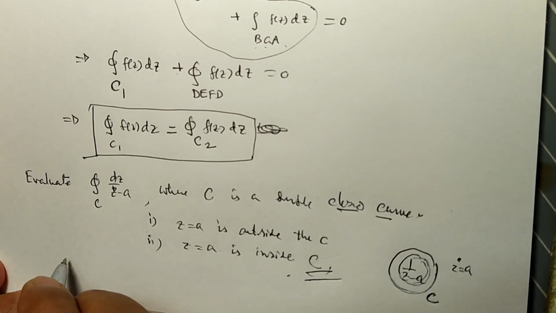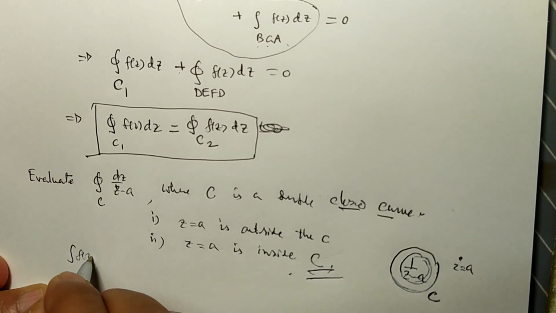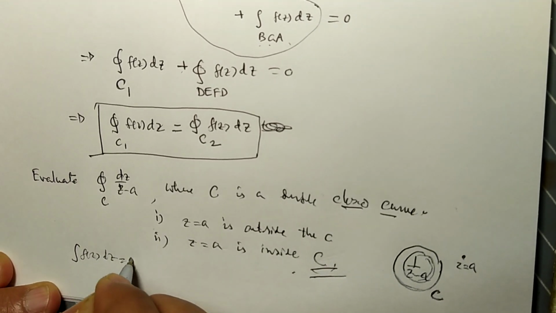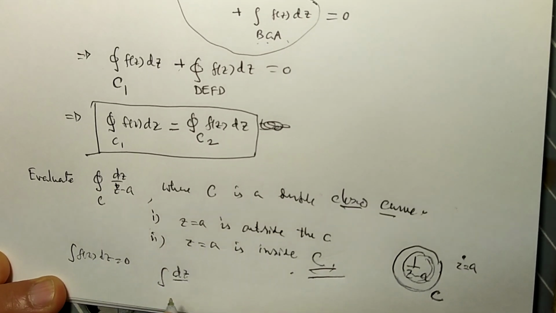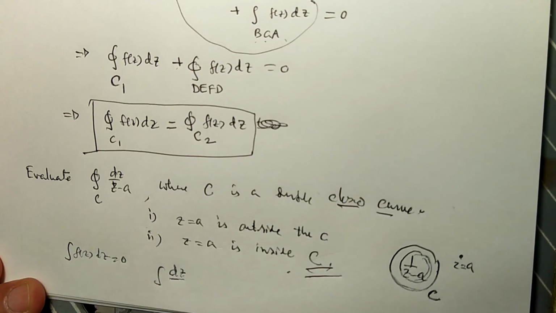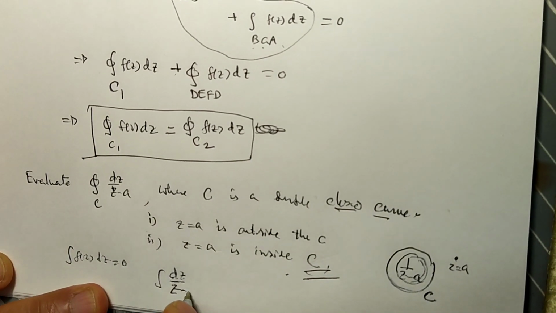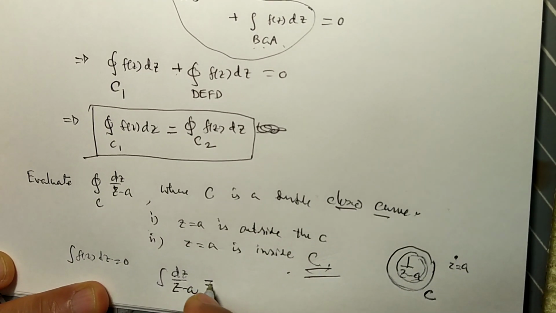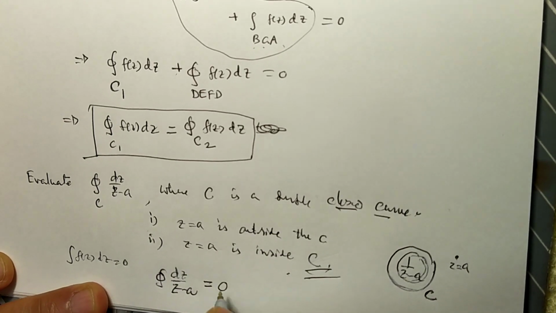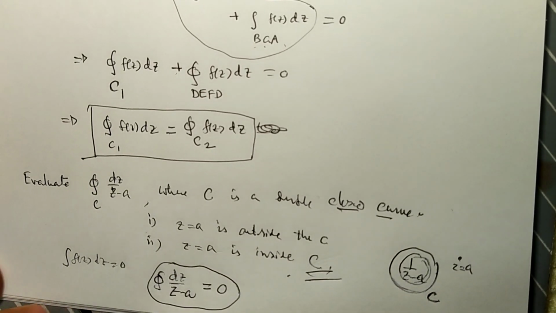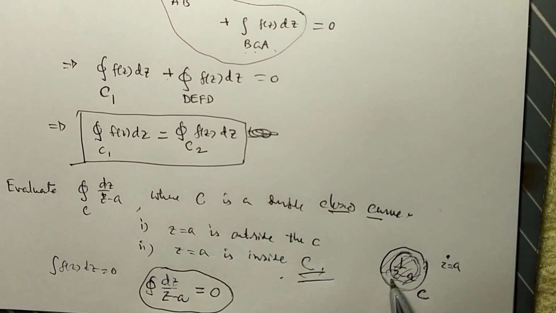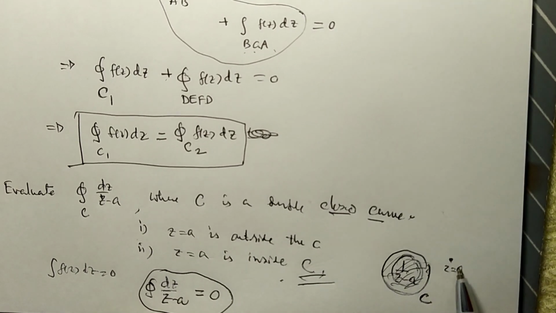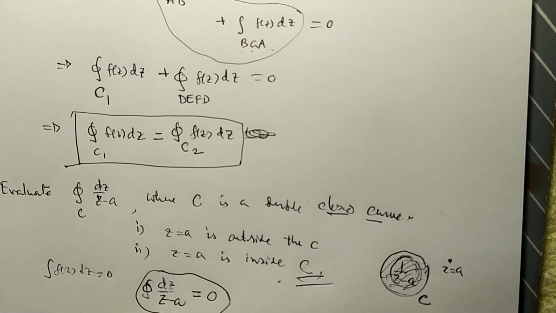According to Cauchy's theorem, integration f of z dz equals 0. That means integration dz by z minus a over this would be 0. Simple as that, because this function is analytic in this region, and the diverging point is outside the circle.